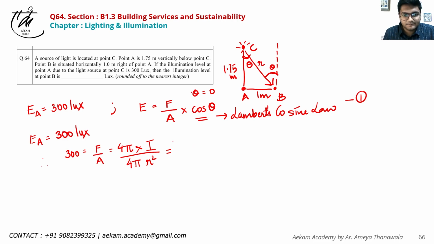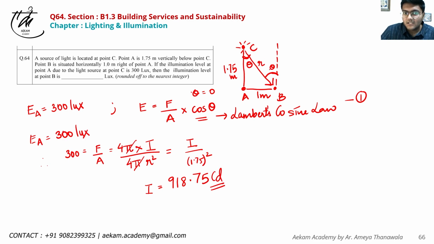So 4 pi gets cancelled, I upon 1.75 the whole square. So your I would be equal to, let me just calculate it quickly, 300 into 1.75 into 1.75. Your I would be 918.75 candela.